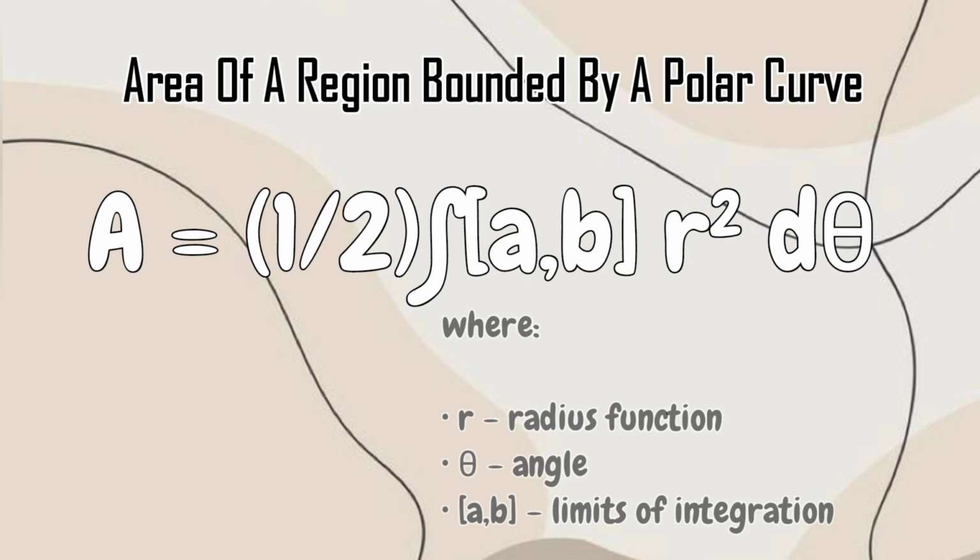This formula works because it calculates small slices of area using rectangles with width the change in angle and height r squared, then adds up all those slices to get the total area.